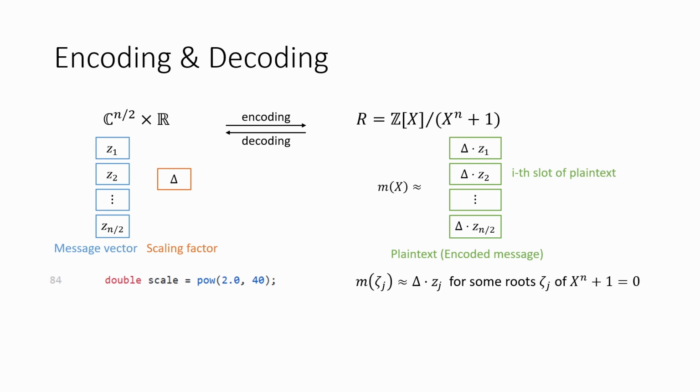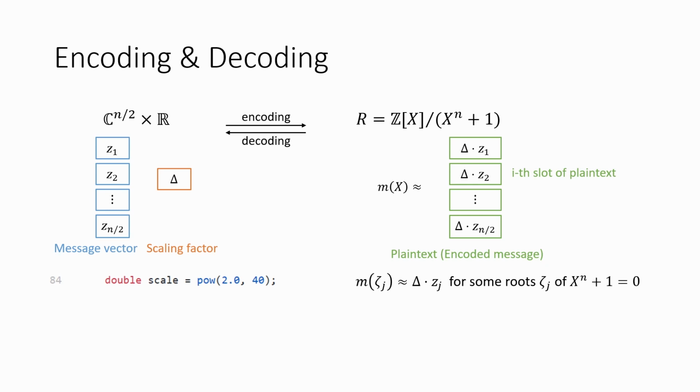For a given message, which is a vector of n over 2 complex numbers, we first multiply it by a scaling factor and pack these n over 2 numbers into a single integral polynomial using some Lagrange interpolation over this ring.